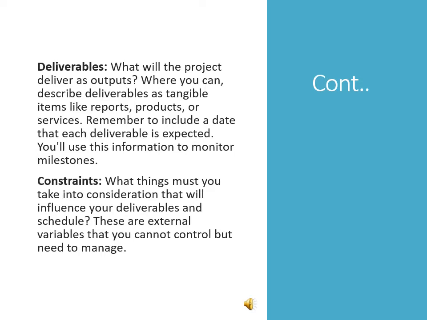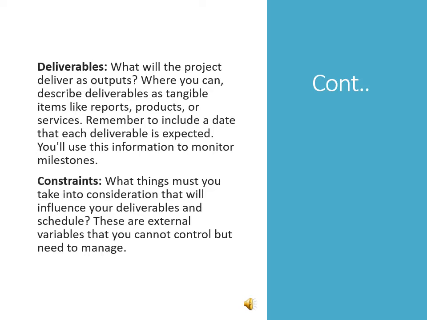The what also includes the deliverables. What will the project deliver as outputs? Where you can, describe deliverables as tangible items like reports, products or services. We need to remember to include a date that each deliverable is expected.